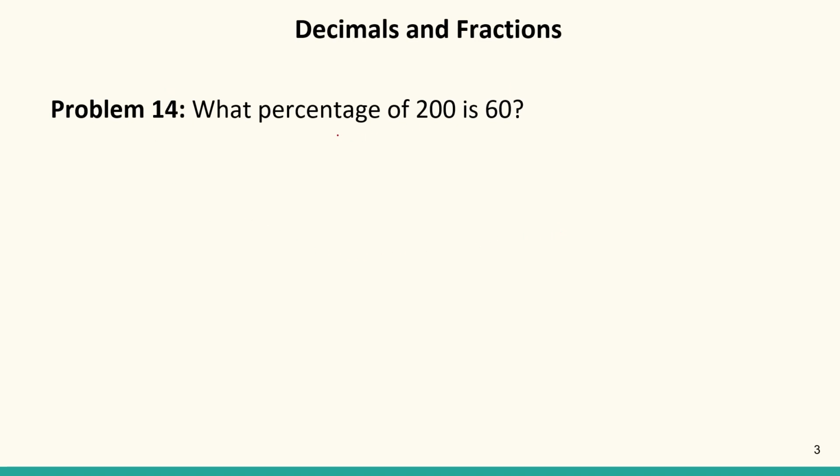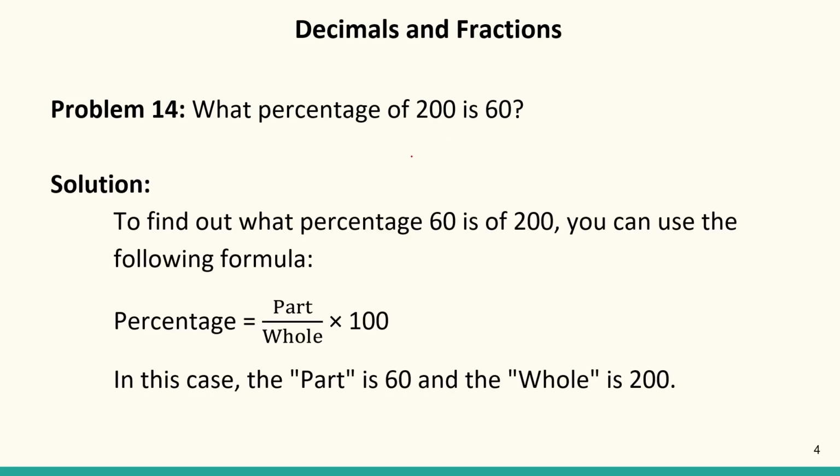What it asks here is: what percentage of 200 is 60? Let's see how to solve it. In order to find out what percentage of 200 is 60, we can use this formula. The answer will be in percentage, and for the formula we need part, whole and 100.